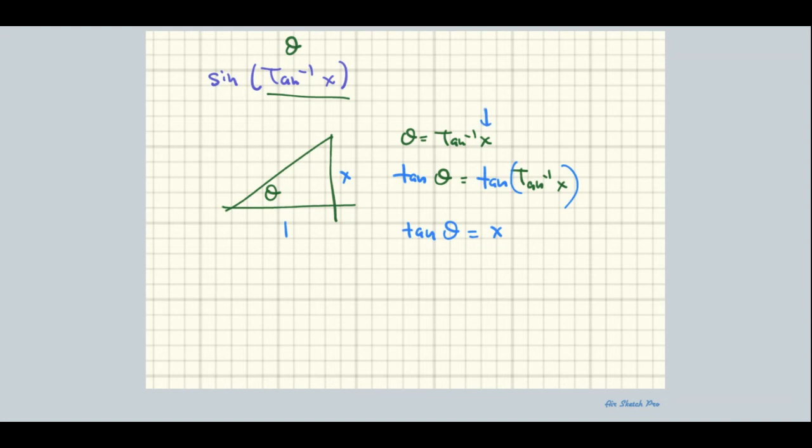I just looked at the x here, and that was enough to see that for my triangle, I had an opposite side of x and an adjacent side of 1. And that's enough to be able to find the hypotenuse, right? So, the hypotenuse is bigger or smaller than a leg?